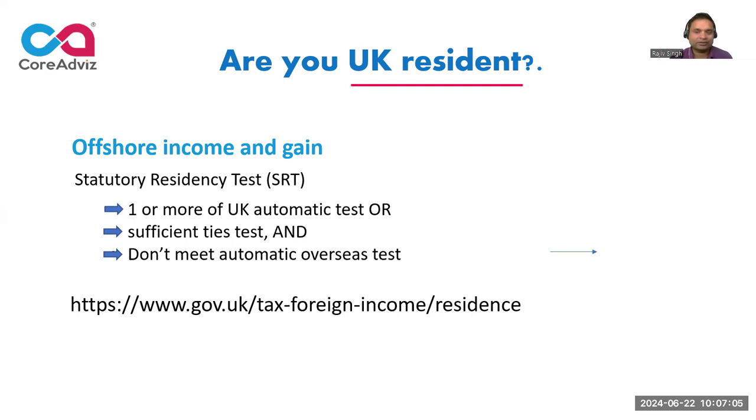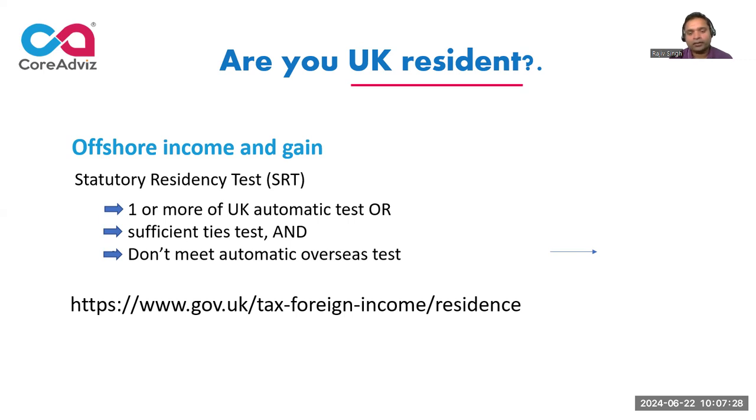It's not very straightforward like in India, where you stay more than 180 days and you become resident. It is one of the questions, but it's not straightforward. So you have to follow this three-step flow chart. If you want to do your self test, there is a link below.